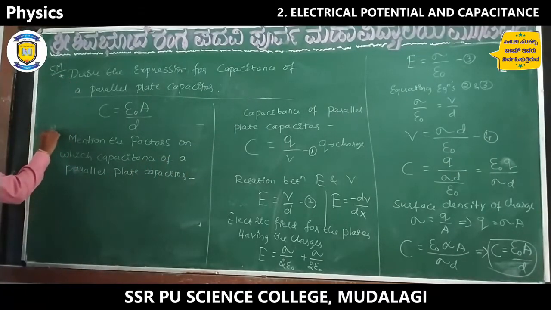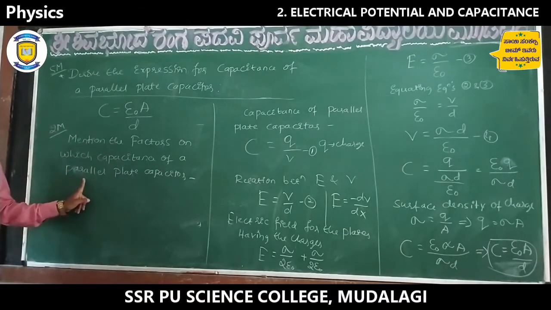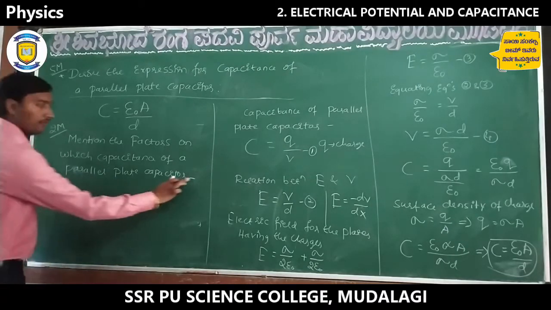Okay, this is a very important 2 marks question. Mention the factors on which the capacitance of a parallel plate capacitor depends.